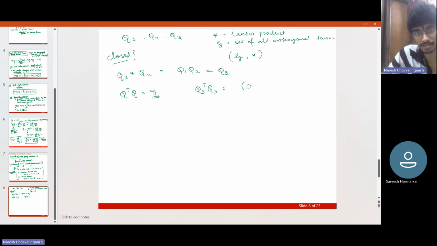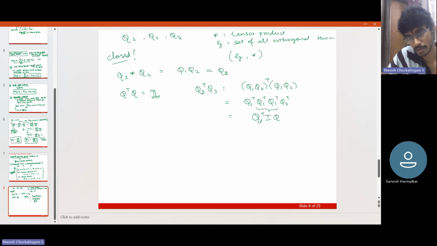Q3 transpose Q3 is (Q1 Q2) the whole transposed times Q1 Q2, which is equal to Q2 transpose Q1 transpose Q1 Q2, and Q1 transpose Q1 gives identity. So it is Q2 transpose I Q2, which is nothing but Q2 transpose Q2, which is I. So the product of these two is also orthogonal.